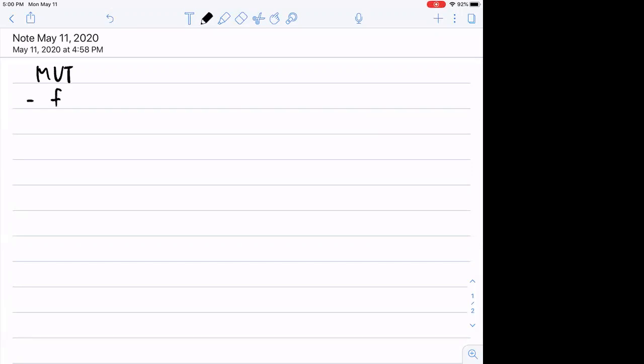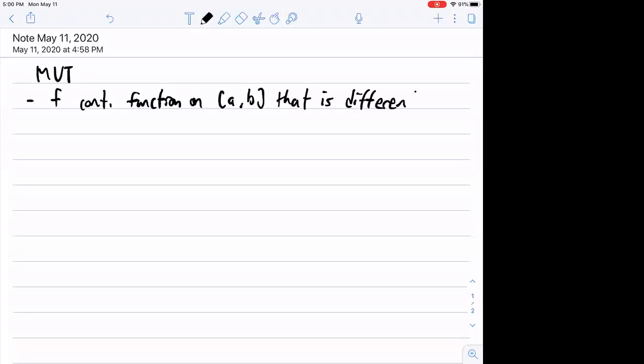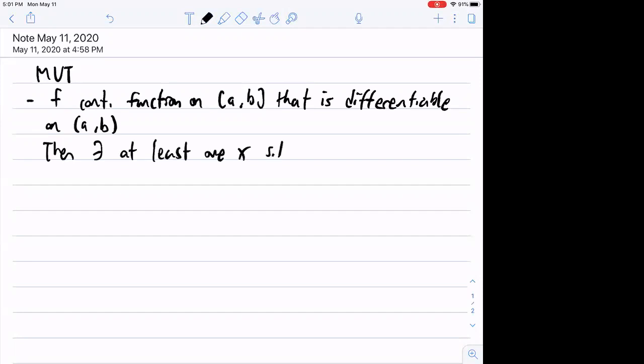So this says that if f is a continuous function on [a,b] that is differentiable on the open interval (a,b), then there exists at least one x such that (f(b) minus f(a)) over (b minus a) is f prime of x.